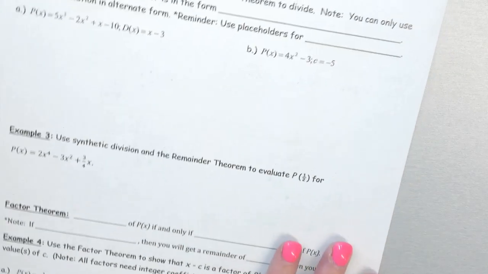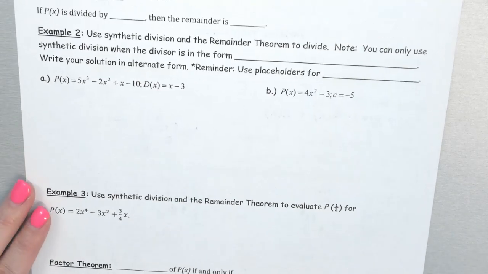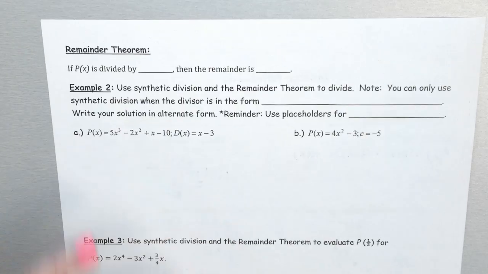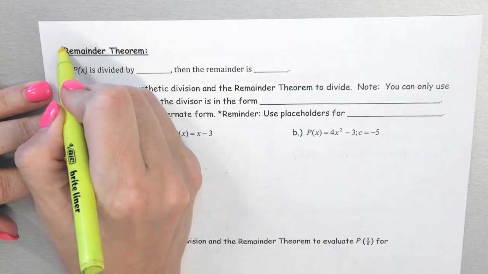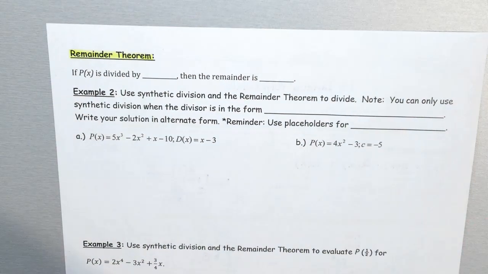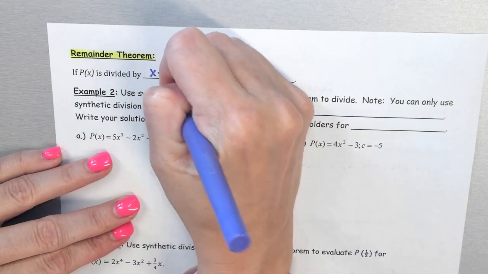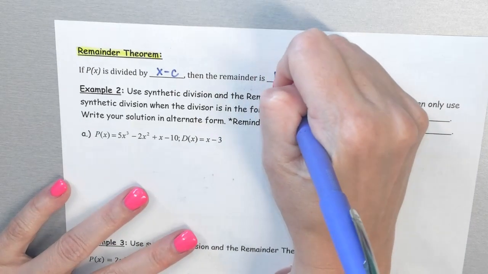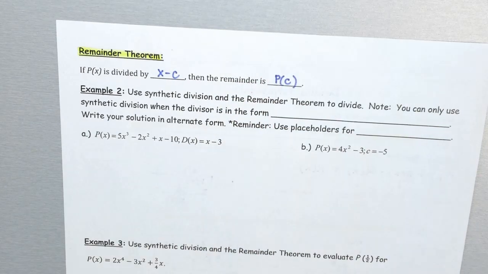All right. So the next thing we're going to look at is the remainder theorem. Okay, and the remainder theorem tells us if p of x is divided by x minus c, then the remainder is p of c. Exactly.